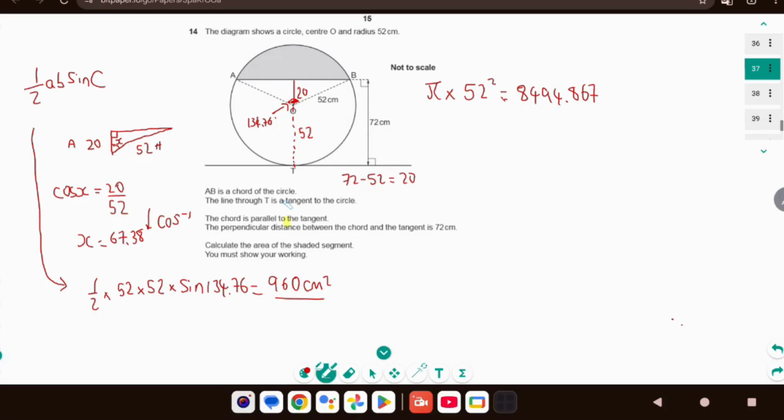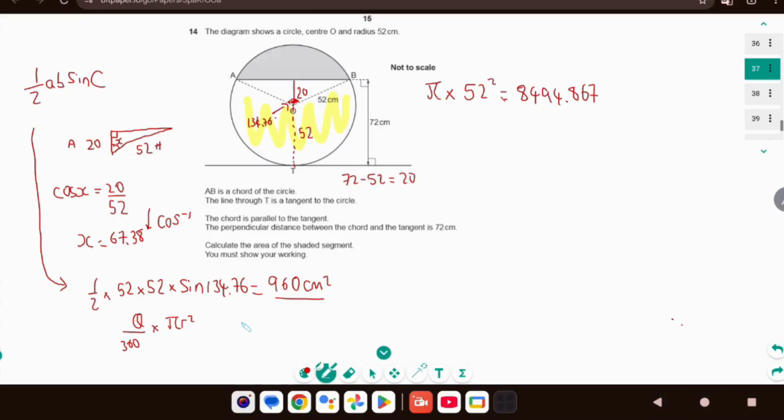I'm now going to work out the area of the sector of the circle here. Sector area is theta over 360 times pi r squared. In this case, my theta is 360 minus 134.76.